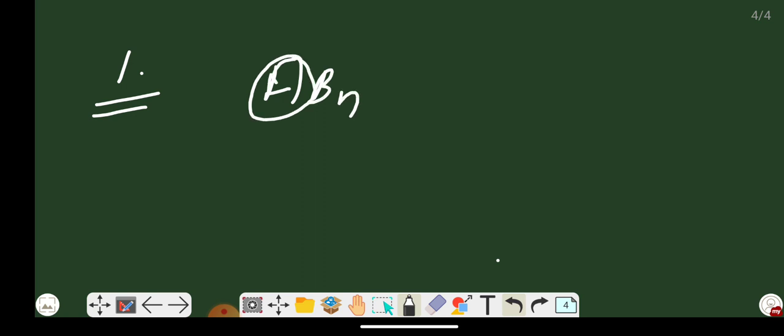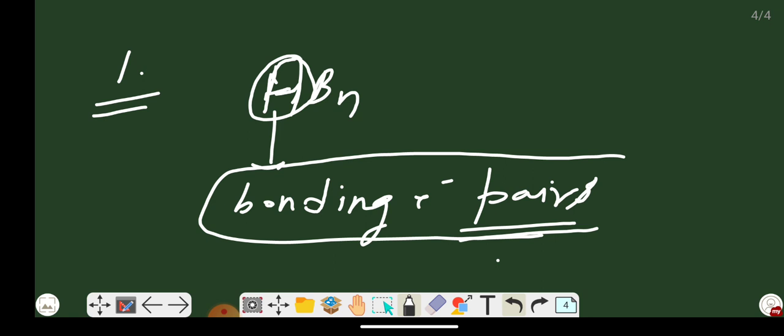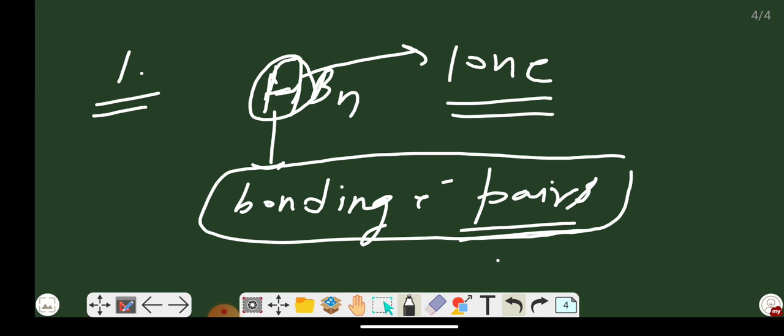If the central atom has only bonding electron pairs and no non-bonding electron pairs, that is, A does not have a lone pair, only bond pairs, then the geometry of the molecule is regular: linear, trigonal planar, tetrahedral, trigonal bipyramidal, octahedral, pentagonal bipyramidal.